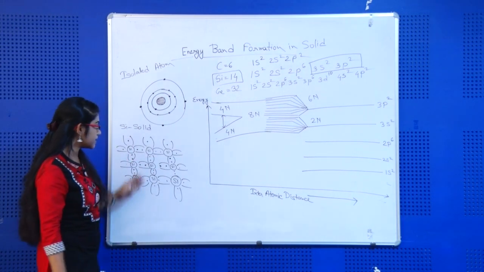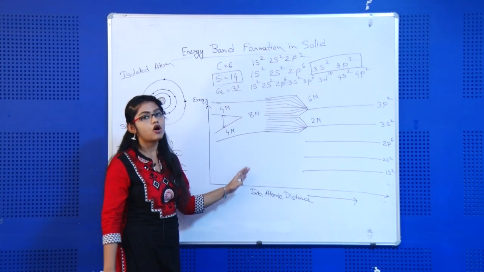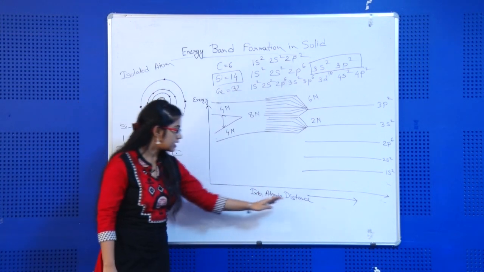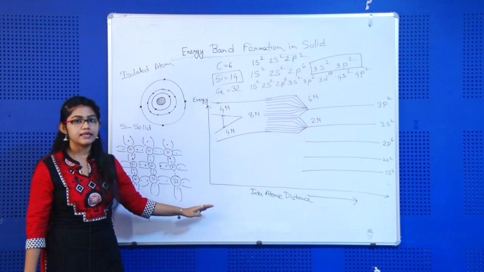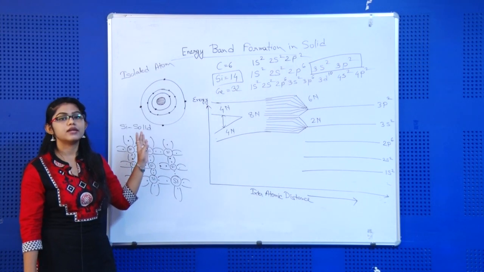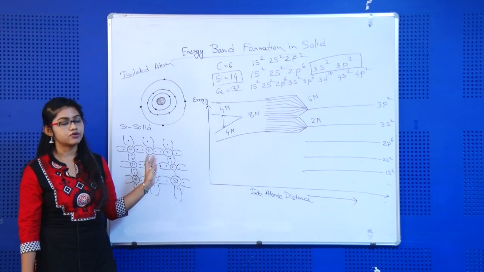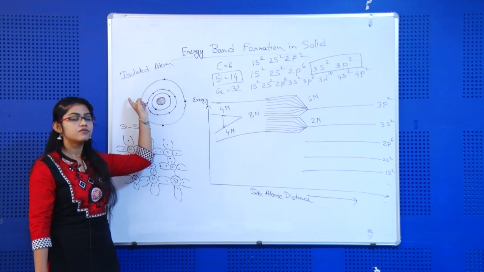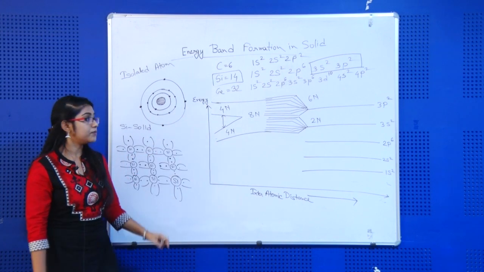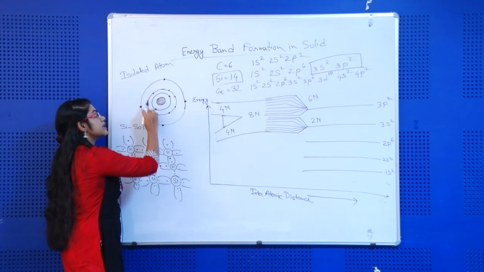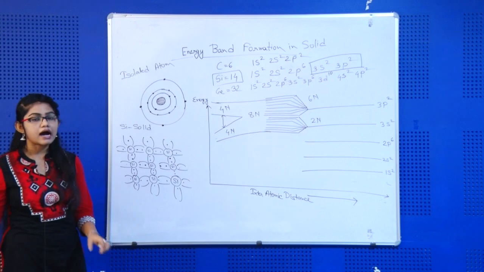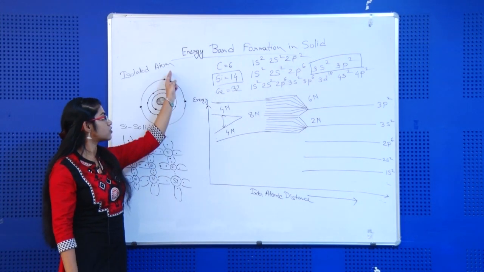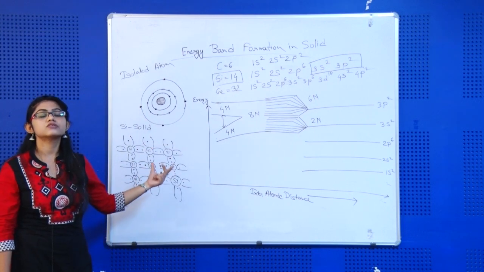So what happens in the energy distribution of this solid? In case of solid, as I discussed, the interatomic distance will be very small, and due to that the covalent bond will be formed to share the electrons. Basically the electrons will be shared from the outermost energy shell, because the electrons in the innermost energy shells are very strongly bound to the nucleus, and the outermost electrons take part in making this covalent bond.